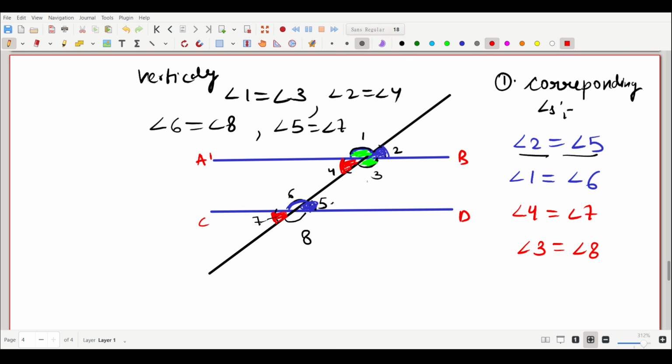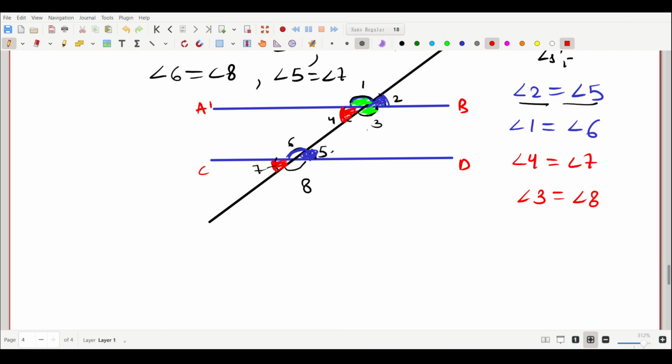So corresponding angle was one thing. Vertically opposite angles we have already seen in the first part. The second property after corresponding angles is alternate angles. Alternate angles are also equal. So what are alternate angles?